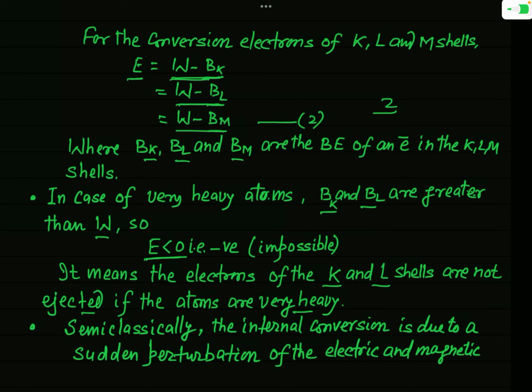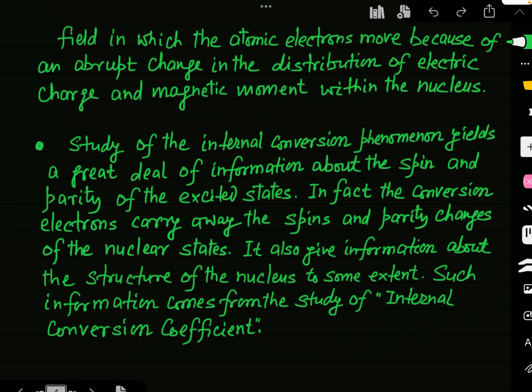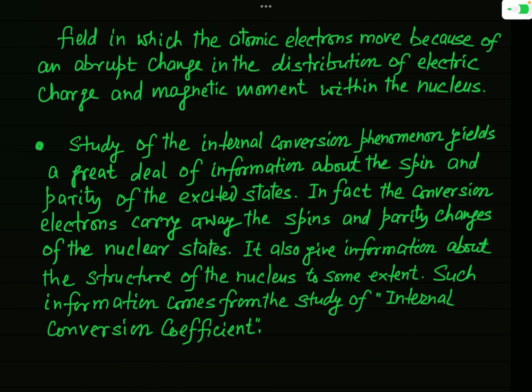In fact, you know that the electrons of an atom are revolving in an electric and magnetic field. The electric field is produced by the nucleus, and due to the motion of the nucleons, a magnetic field is also produced.